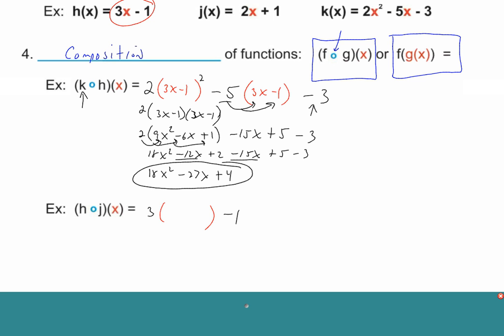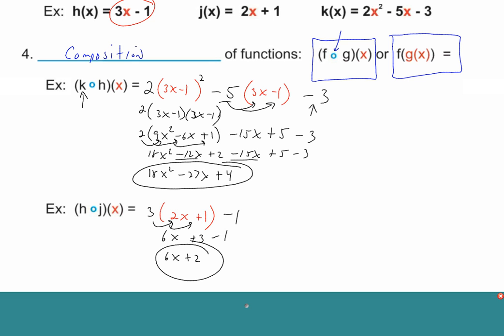The whole j function, which is 2x plus 1. Now you can see this one's not as complex because we didn't have a squared term. Much easier to deal with and handle. 3 times 2x, 6x, 3 times 1 is 3, minus 1, finish it off, 6x plus 2. And we composed those functions.